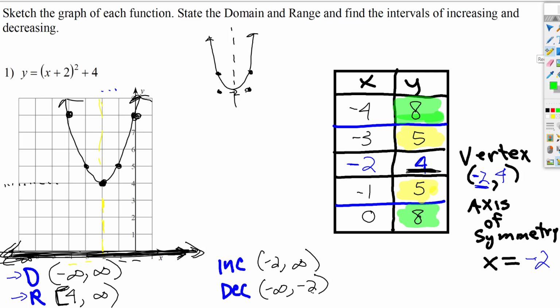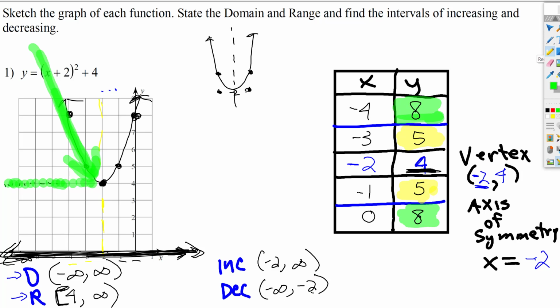So let's recap. The decreasing, and these are the x values. So all of these x values, as you read up until negative 2, those y values are decreasing. So from the x values from negative infinity to negative 2, those y values will decrease.